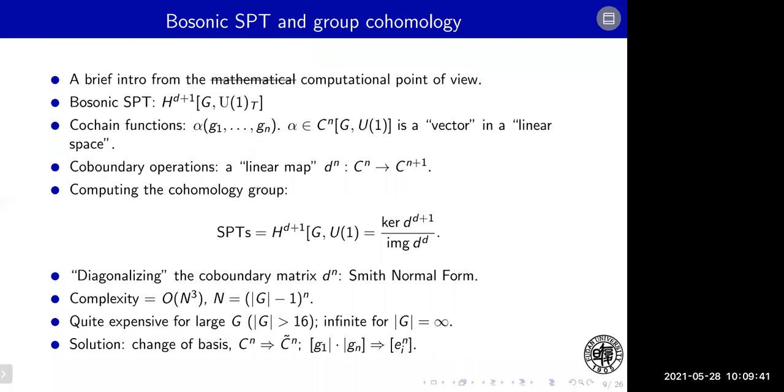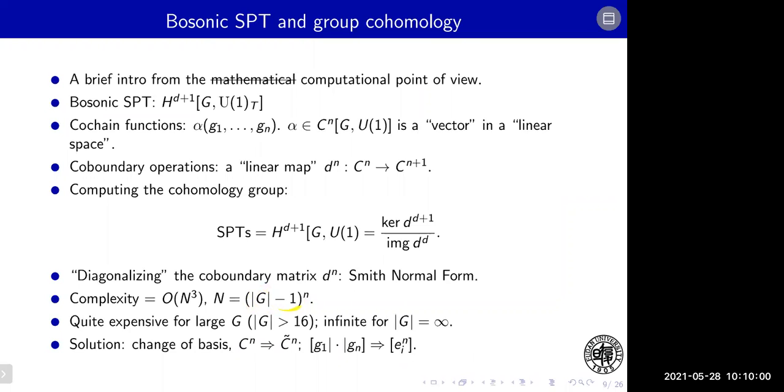You can view these as linear functions or vectors with a basis that's generated by the combination of group elements. So you can imagine that the dimension of the linear space goes to the order of the group to the power of n.